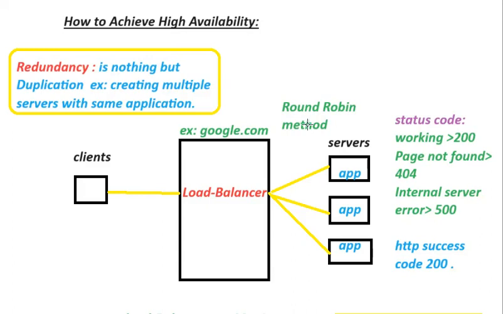Now the question is, if I want to check whether an architecture is highly available or not, what are the things that I need to check, sir? I need to check redundancy, monitoring, and failover.